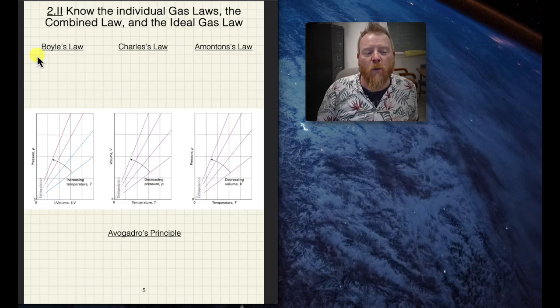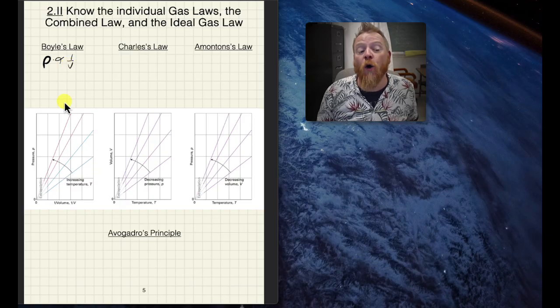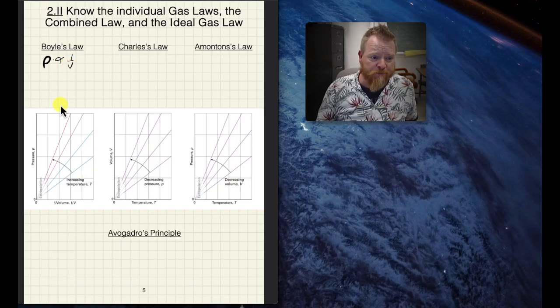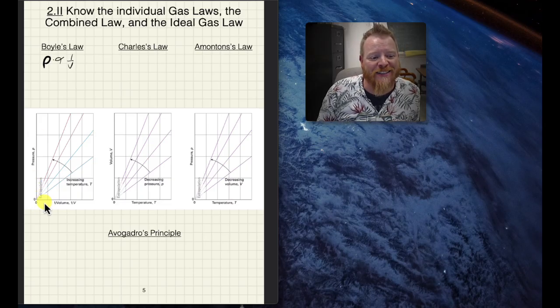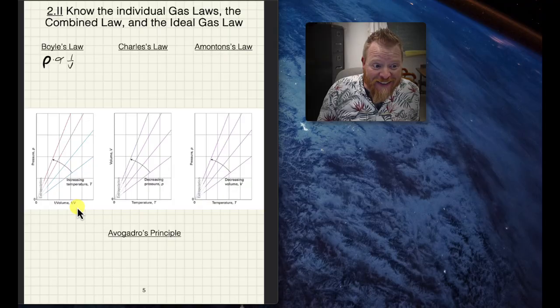So the first one to talk about is Boyle's law, which states pressure is proportional to 1 over volume. Okay. So in this graph right here, you can see pressure is on the y-axis and 1 over volume is on the x-axis. And when plotted that way, it would make a straight line.